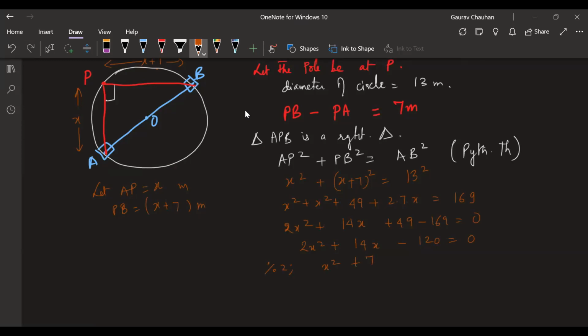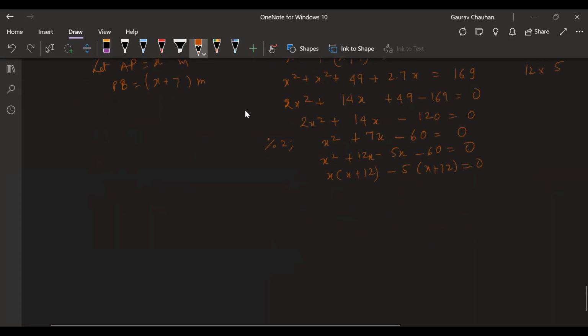X square plus 7x minus 60 is equal to 0. For 60, 12 and 5 fit here. So x square plus 12x minus 5x minus 60 is equal to 0. So x into (x plus 12) minus 5 into (x plus 12) is equal to 0.